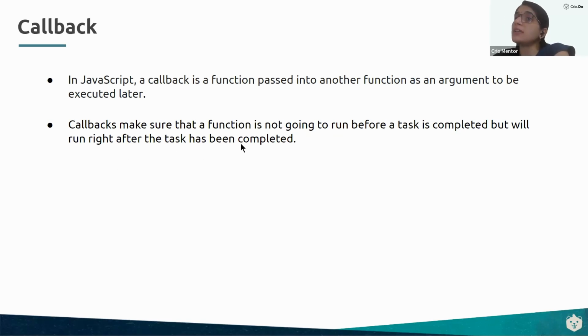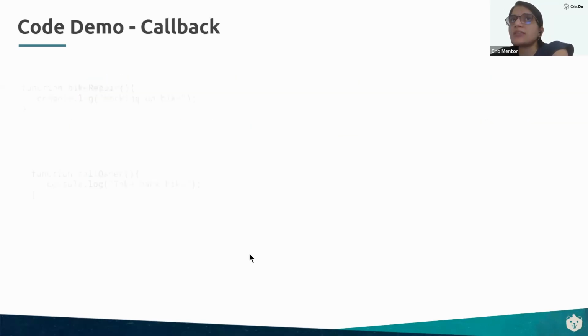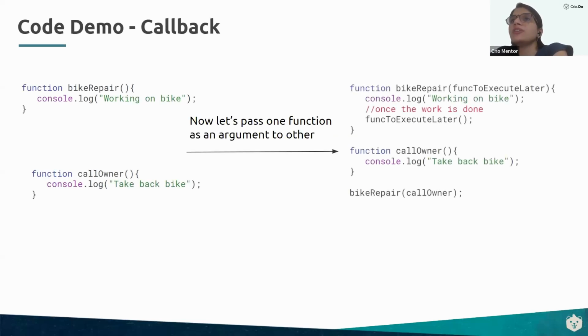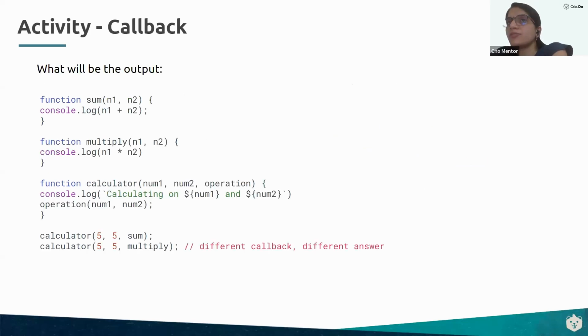So right after the bike repair is done, it will execute the callback function, which is the call owner function. That is just what I explained there: instead of having two different functions to call, we can call bike repair, and once the repair work is done, we will call the next function from there itself.